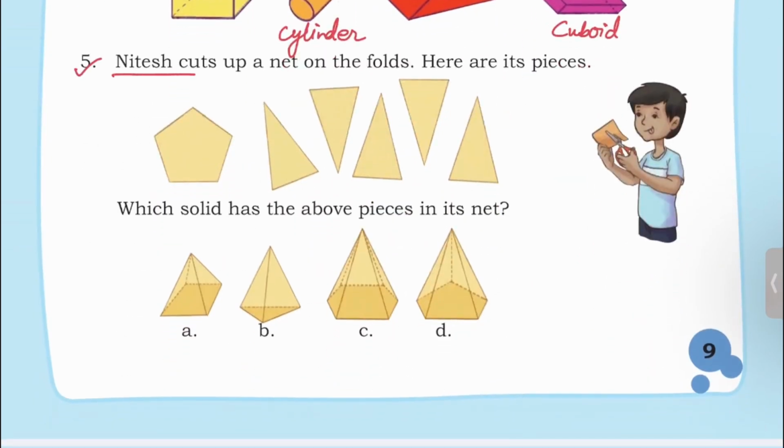5. Nitesh cuts up a net on the folds. Here are its pieces. If you arrange the pieces like this, this corner is the meeting point of these corners, and these are the triangular faces here.